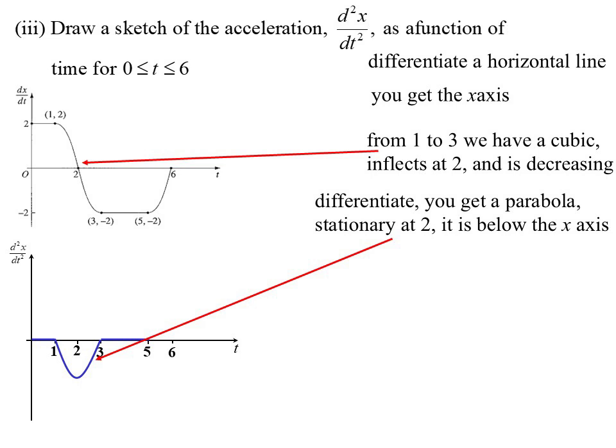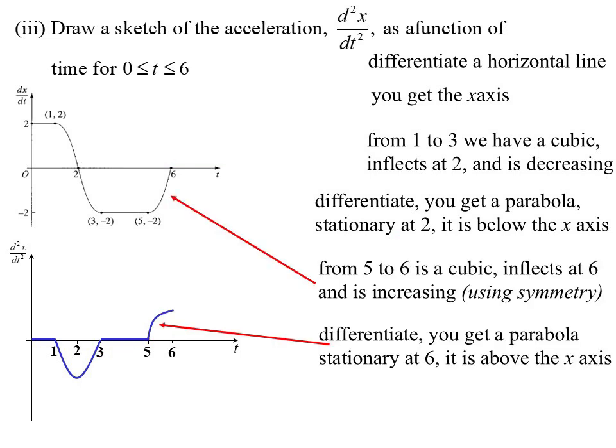It's also decreasing. So I'm going to get a parabola. It will be stationary at the same x value as the inflection point. It's decreasing, so I know it's negative, it's below the axis. So all right, I'll just draw some sort of a parabola there. 5 to 6, again I'm making some guesses, but it kind of looks like that arc is the same as the arc in what I just assumed was a cubic.